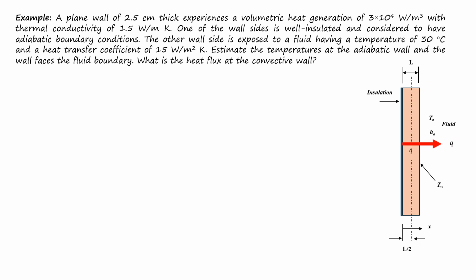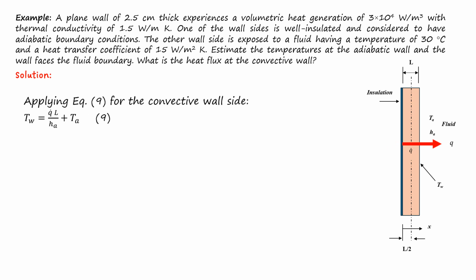And that means we have to find the values of temperatures. Again, our equation d squared T by dx squared plus Q dot divided by K equal to 0 can be used again for this wall for a one-dimensional heat transfer in the x direction.